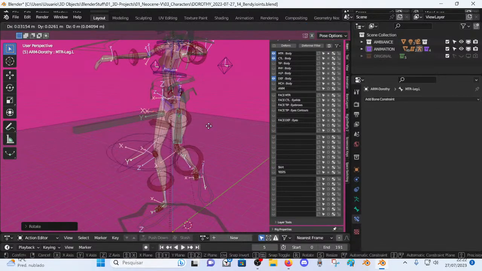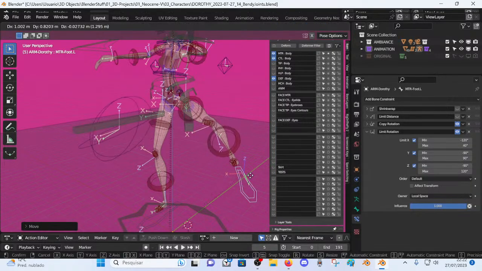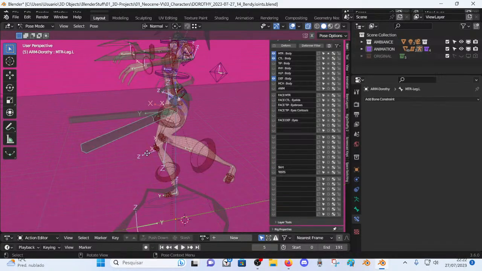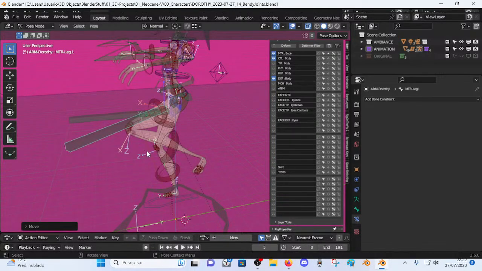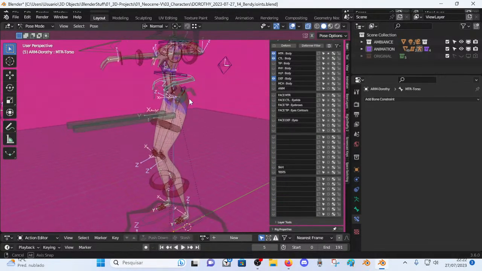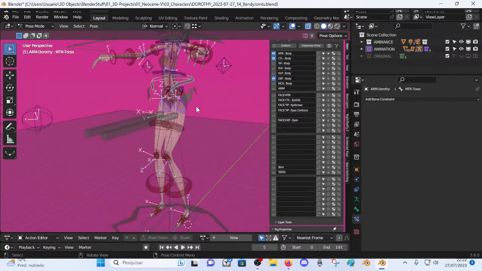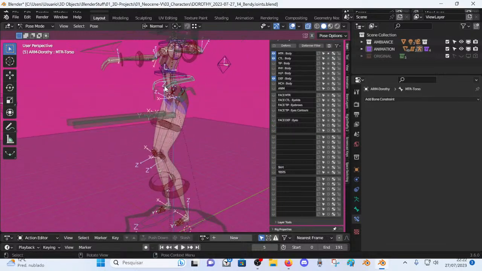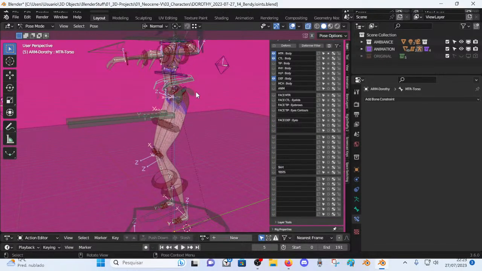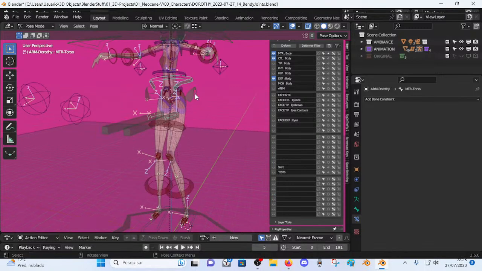But there are a lot of difficulties to solve regarding posing, but it's doable. It's just that it requires other things. But so far the gravest problem is not even the pole target system that I will have to investigate another time, but it's this thing.